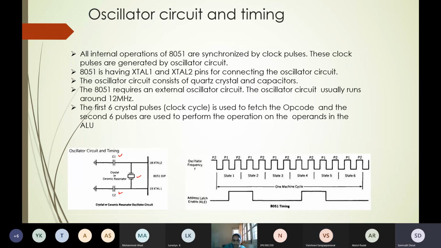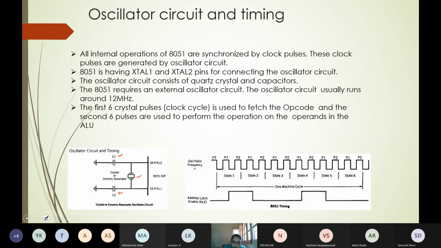Here, it is shown in the diagram you see. During the first state, the address latch enable is made high. Why is this address latch enable used? In the last class on external memory interfacing, many times I used this address latch enable.